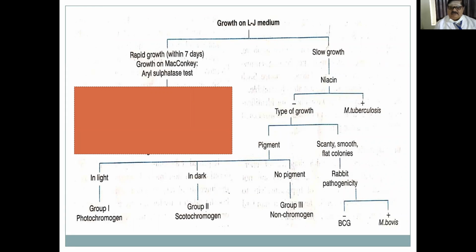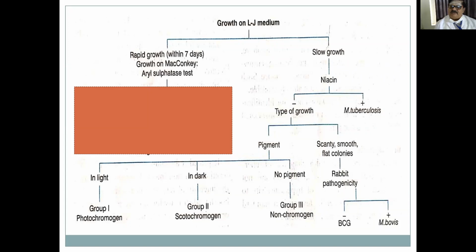If there is pigment production, then you go to atypical mycobacteria. Depending on the production of pigment, you consider 3 varieties. If it is producing pigment only in the light, photochromogens.